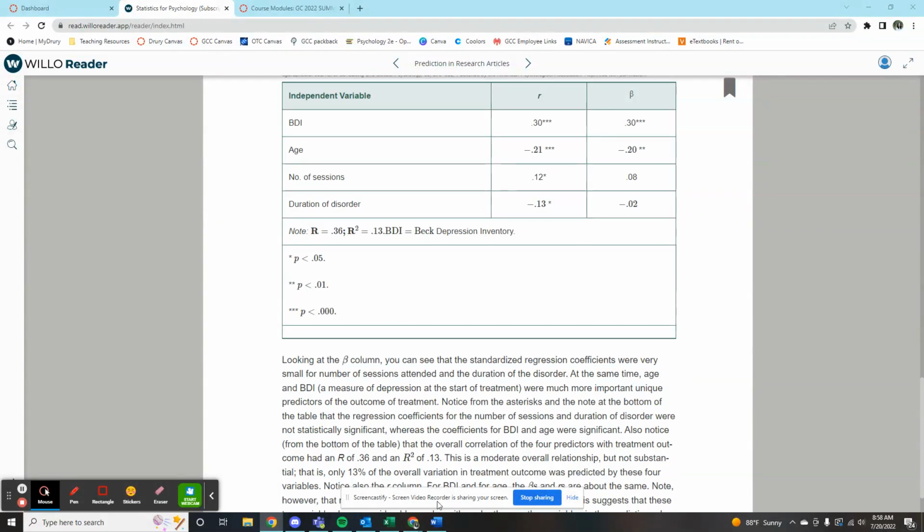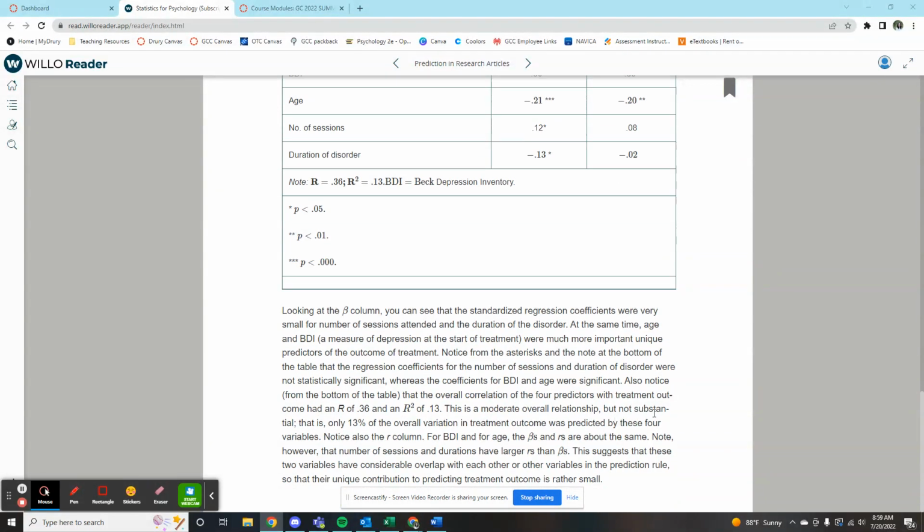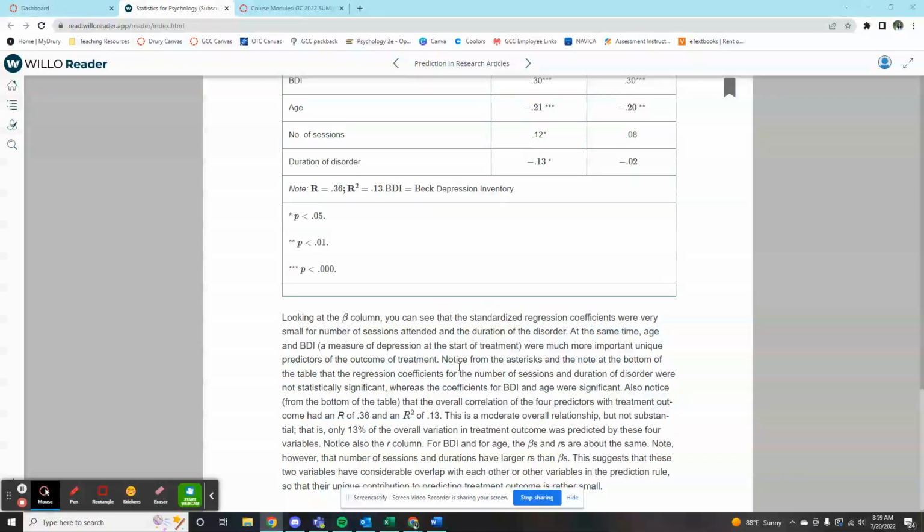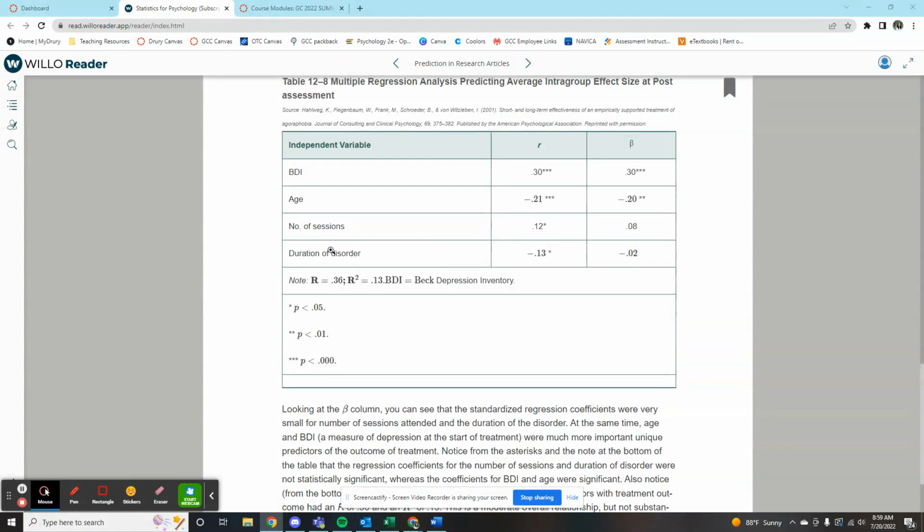Your textbook also explains this in the following paragraph. Their conclusion is that only 13% of the overall variation in treatment outcome is predicted by these 4 variables.